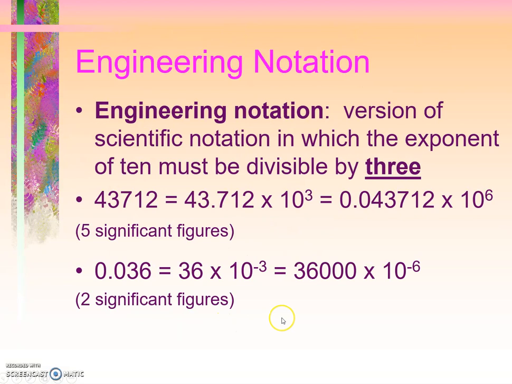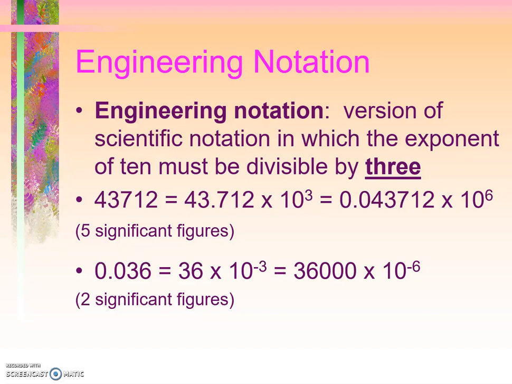Okay. Now last we're going to talk about engineering notation. And engineering notation is just a version of scientific notation in which the exponent of 10 must be divisible by 3. So the reason why we do this in engineering is so that you can say, okay, this is the thousands number, this is 10,000, so kilo, mega, giga, those kinds of prefixes you can use very easily in engineering.